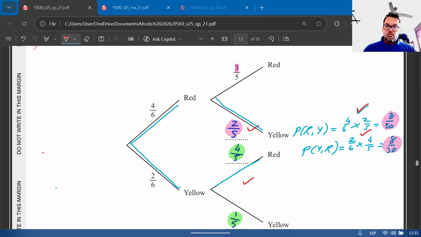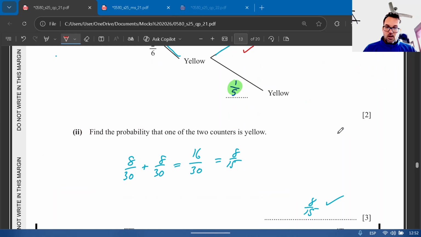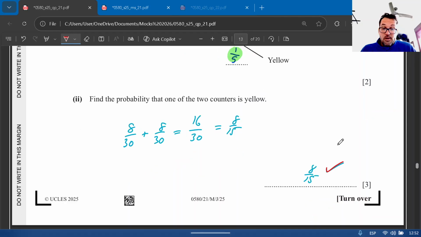If your tree diagram is wrong but you do the correct calculation, you get a follow-through mark. And then 16/30 or 8/15 or 32/60. Don't try to change this to decimals or percentages because it's going to be a waste of time and just unnecessary.